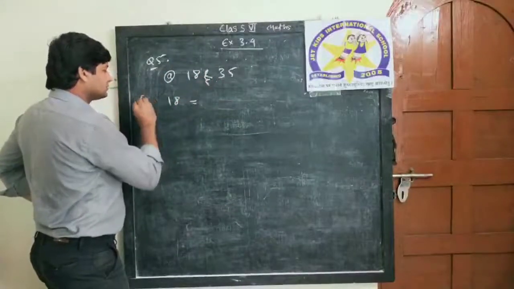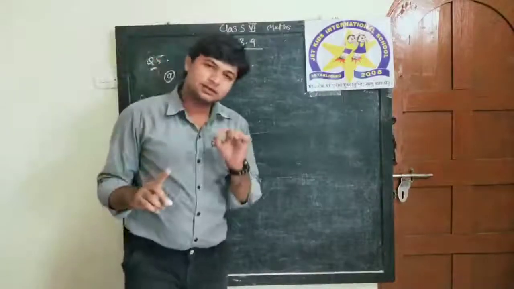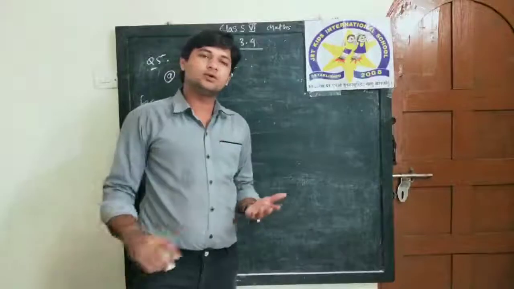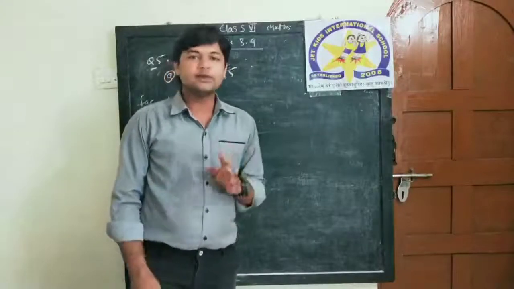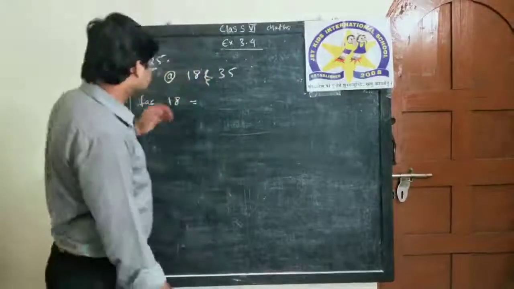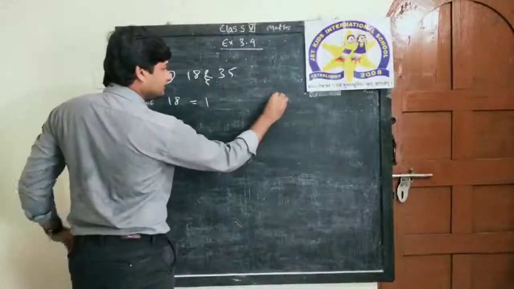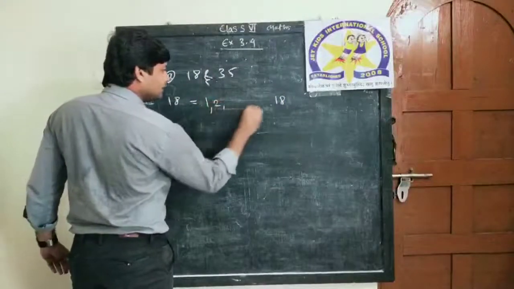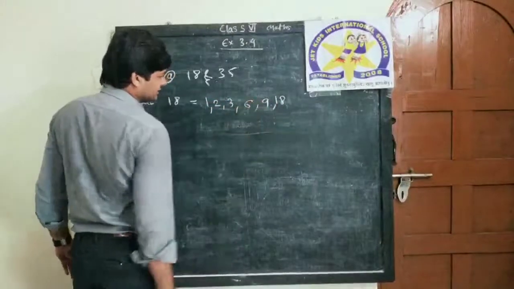Always read the question very carefully. What is written over there? It is written digit or number, factor or multiple. It is a very important thing to concentrate on the question first. So, factors of 18: 1 multiplied by 18, then 2 multiplied by 9, then 3 multiplied by 6.